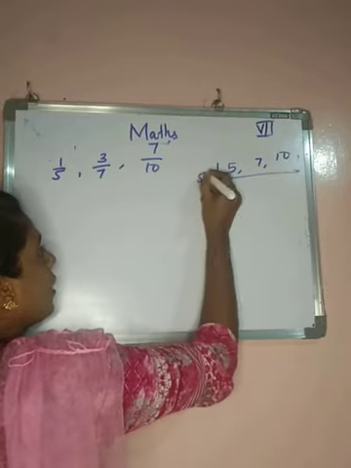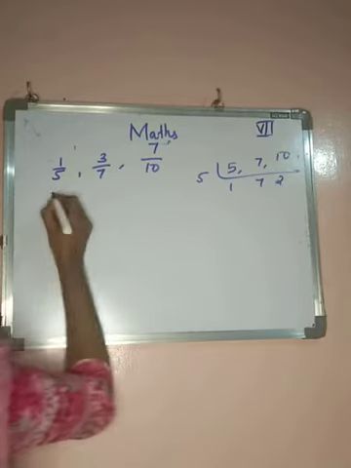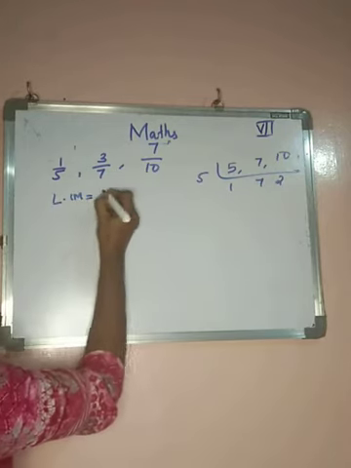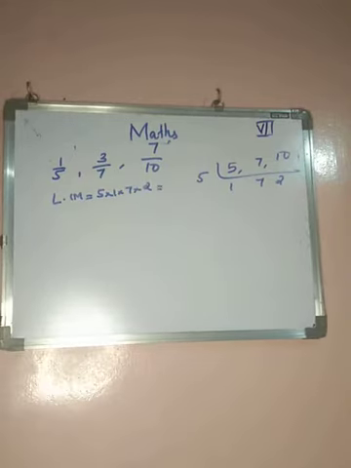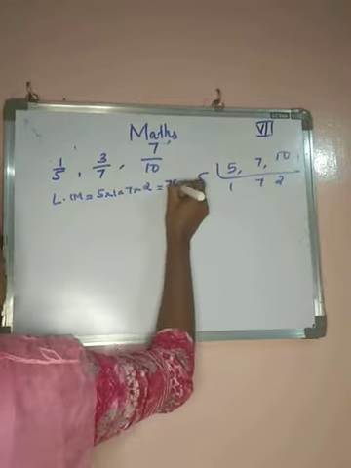The LCM is equal to 5 into 1 into 7 into 2, and we get the answer 70.